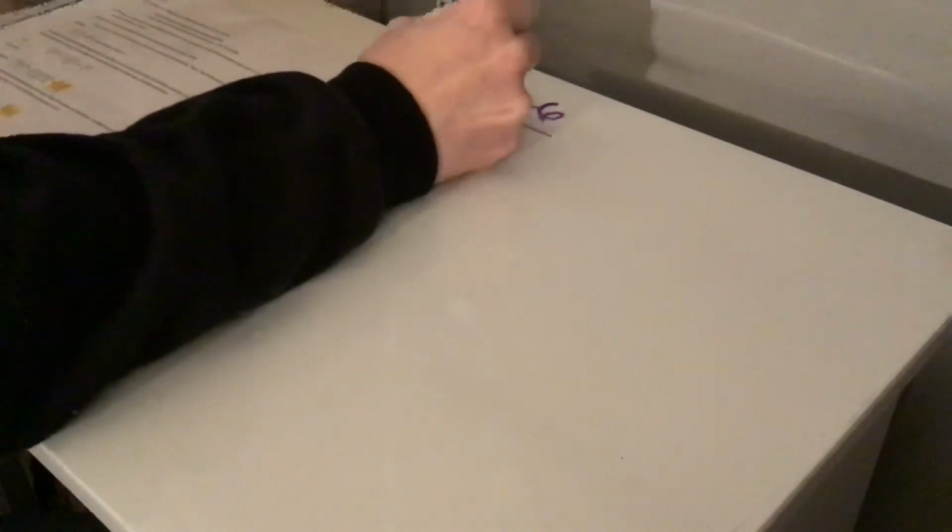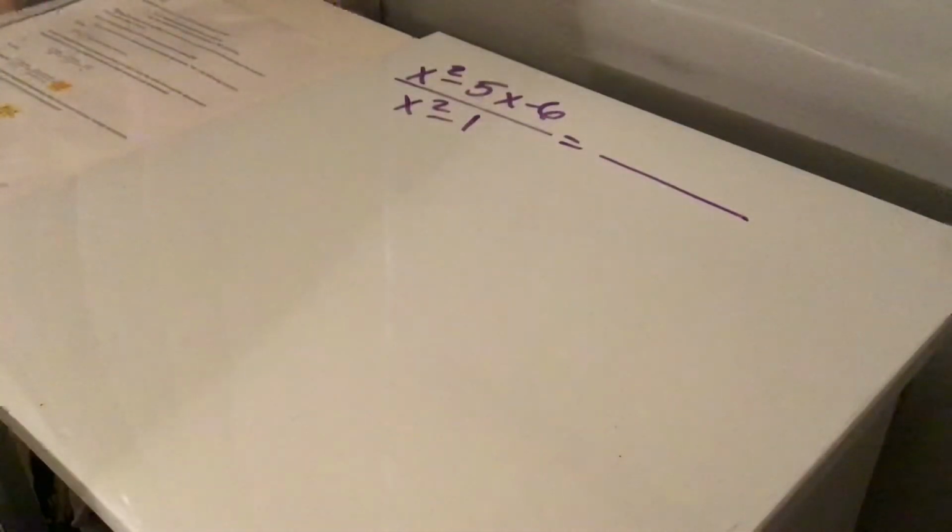So if we have the next one, x squared minus 5x minus 6 divided by x squared minus 1, this is where all of your factoring practice will come in. Factor the numerator. Are there factors of negative 6 that add up to negative 5?